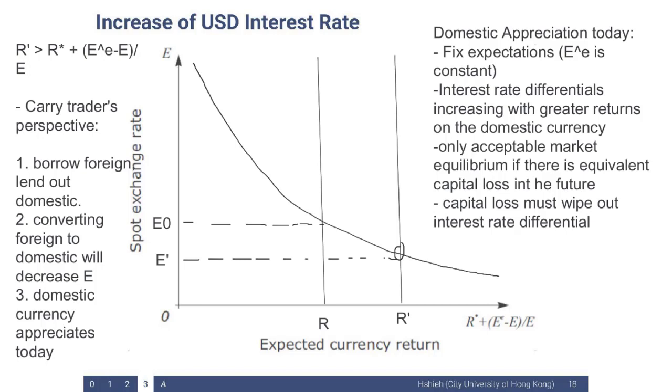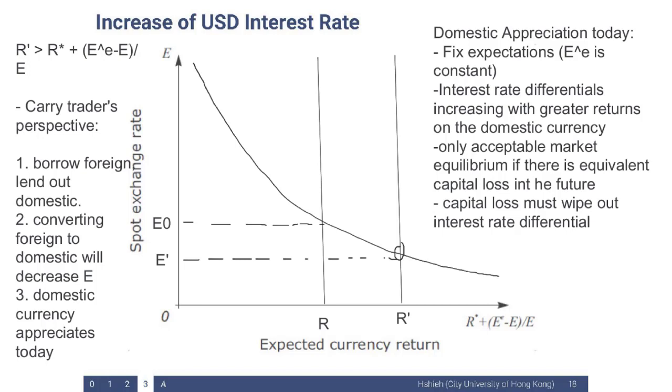If we believe that UIP must hold, and you have a sudden change in interest rates that makes the interest rate differentials between R and R star larger, then there must be a change in the expected depreciation of the home currency in such a direction that wipes out that extra gap, right?